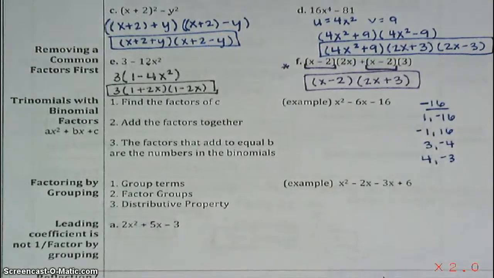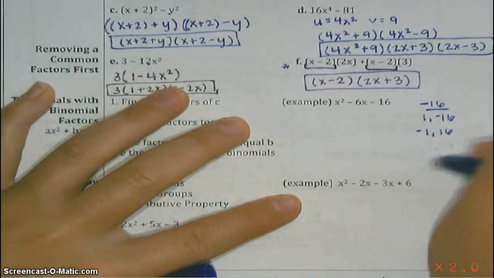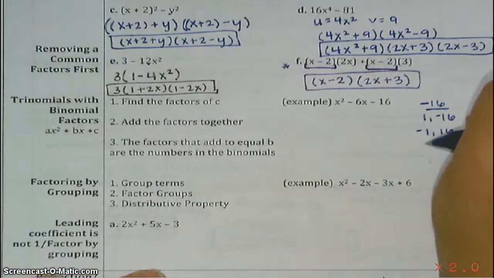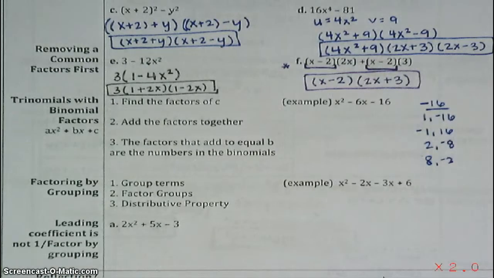Oh, whoops, what am I thinking? 12. 8 and 2. I apologize. So 2, negative 8, and then positive 8, negative 2. And then just double check which of these add to get the middle term.